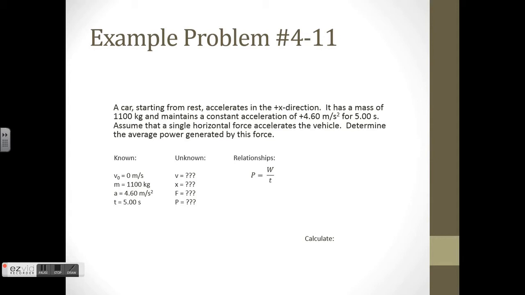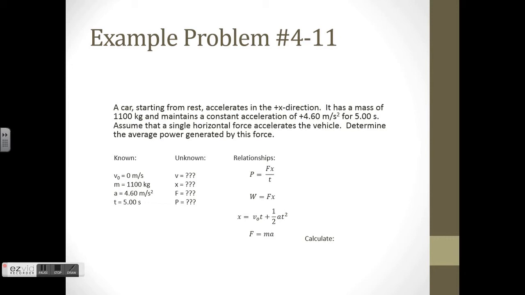It happens to work out that if we're calculating power, what I need to know is the work done on the car divided by the time it took for the car to do such an acceleration. Work can be defined as force times distance, and so I can rewrite this as force times distance divided by time. Well, there are a couple of different relationships I could use.